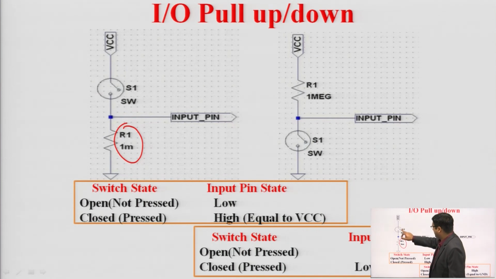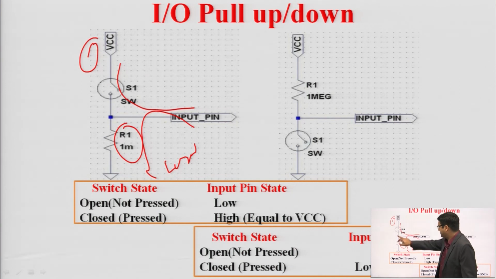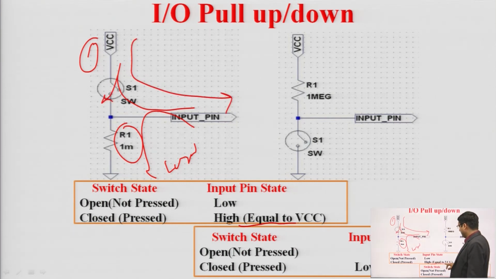If this switch is open, there is no VCC available to the input pin, and the input pin is connected to the ground. Ground means low. So if the switch is open, it is connected to the ground, and if the switch is closed, then 1 is available to the input pin, connected to the VCC.